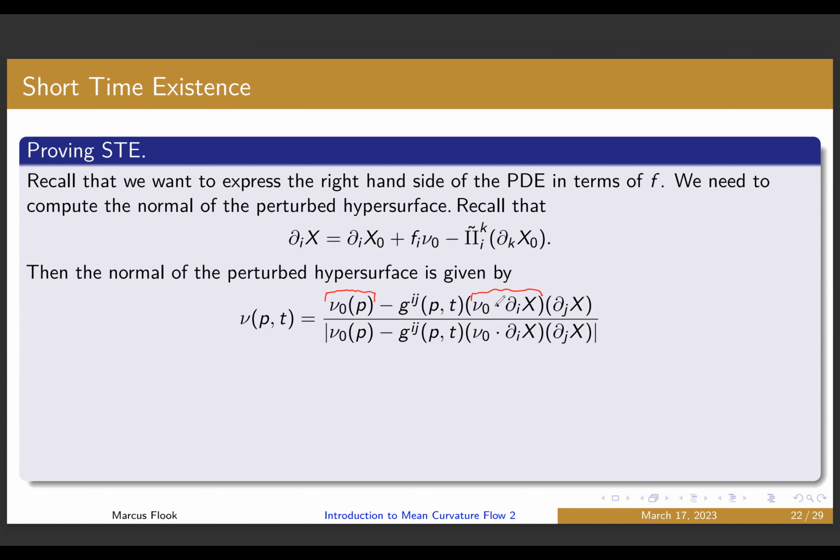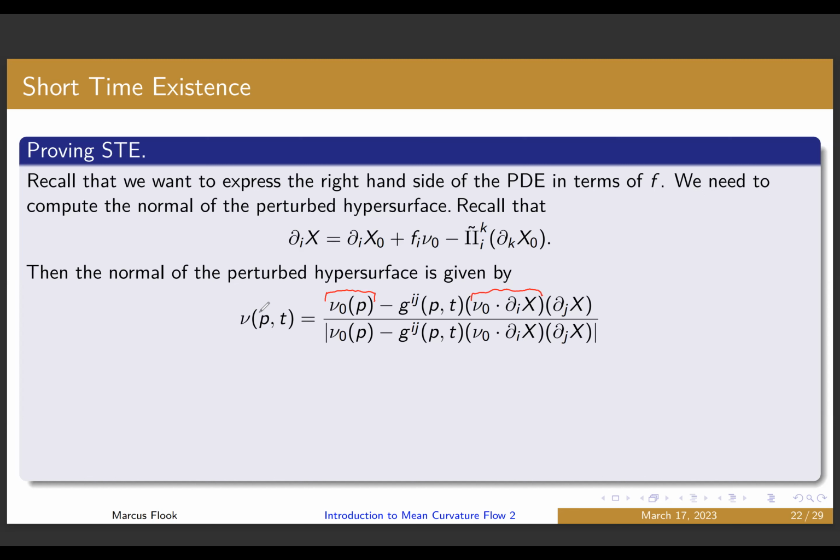So we're just making sure that as we evolve through, we're slightly modifying the initial normal vector so that we remain normal.